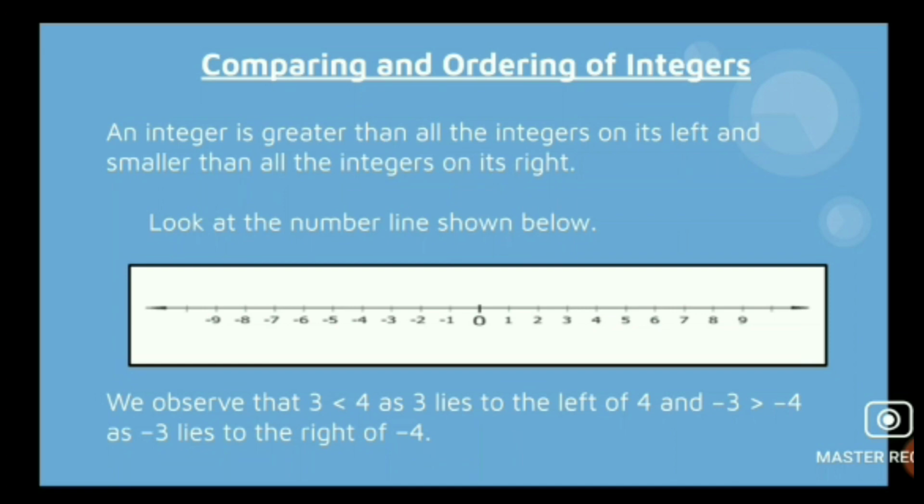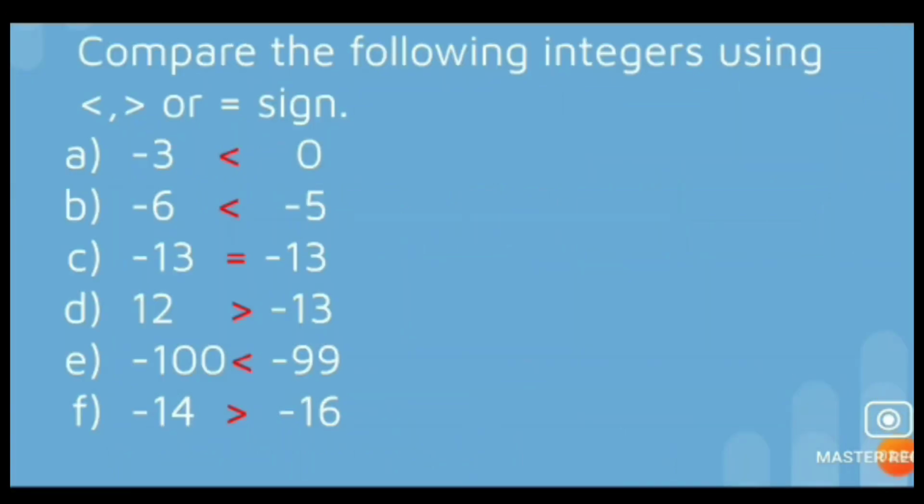Let us see a few examples. Compare the following integers using this sign. Minus 3 and 0. As I told you, 0 is greater than every negative integer, so 0 is greater. And minus 6, minus 5.